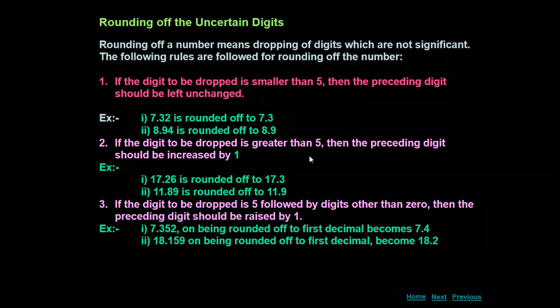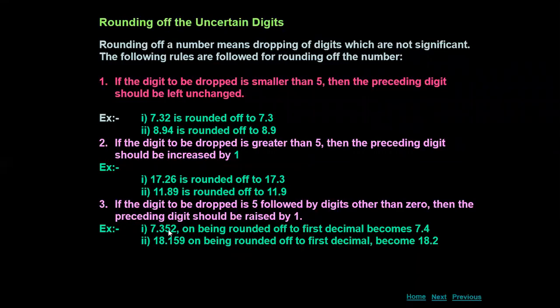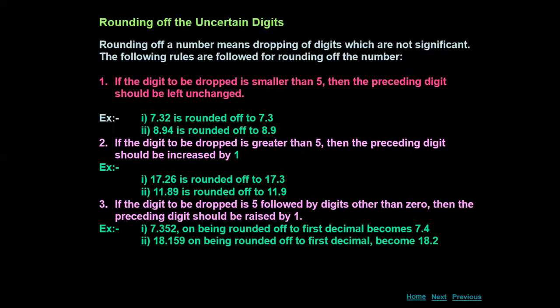If the digit to be dropped is 5 only, then we have to see whether any digits are there on the right side of it. If any digit is there, and that digit is non-zero, then the preceding digit we will increase by 1.